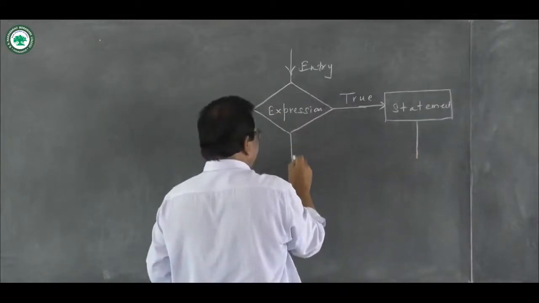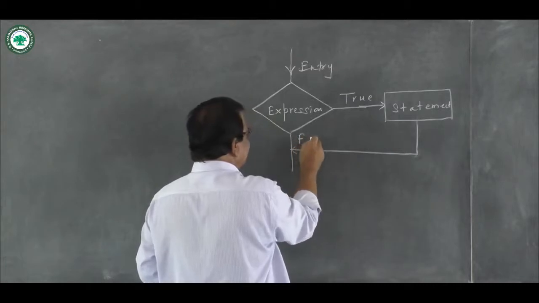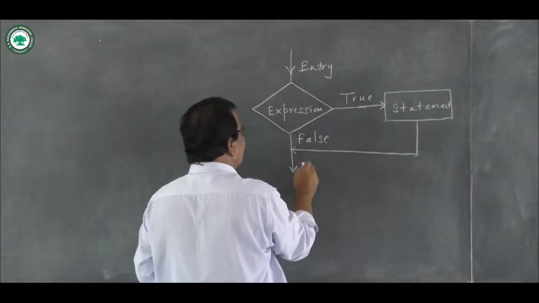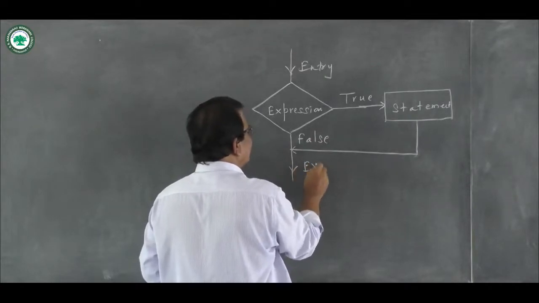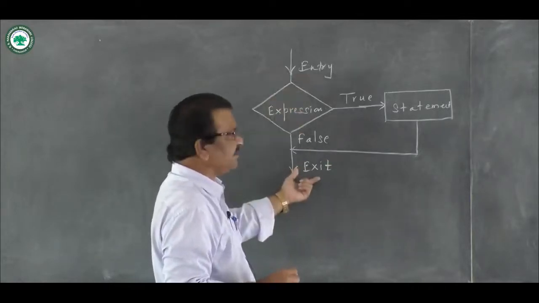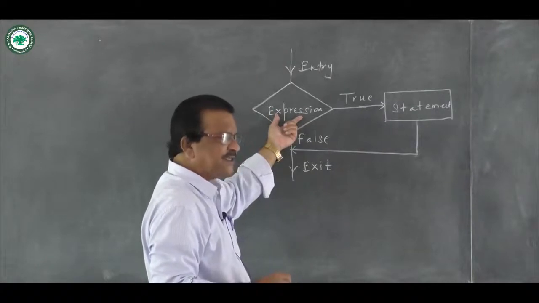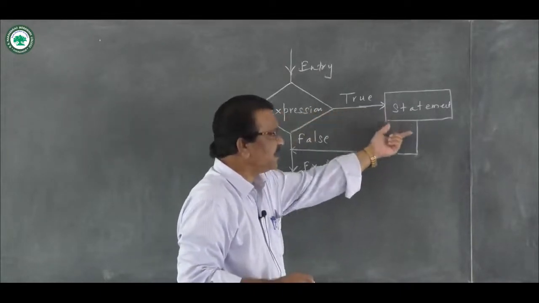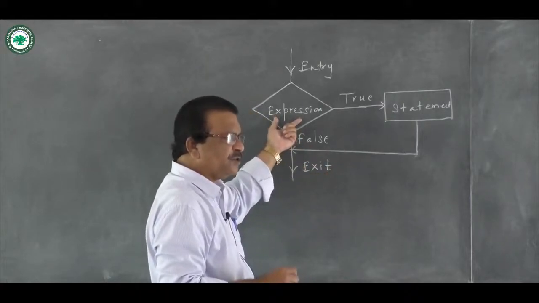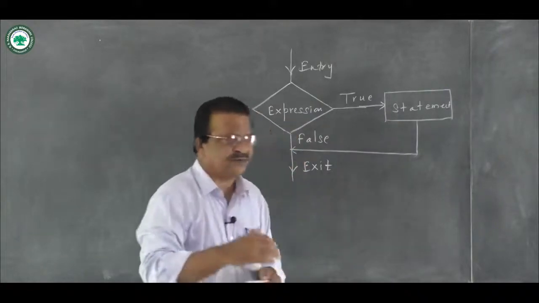If the expression is false, then control will come out. So there is an entry of control and an exit of control. Evaluate this expression, or test this condition. If it is true, then execute the statement and come out. If the expression is false, if its value is 0, then just come out and continue execution from the statement following the if statement.